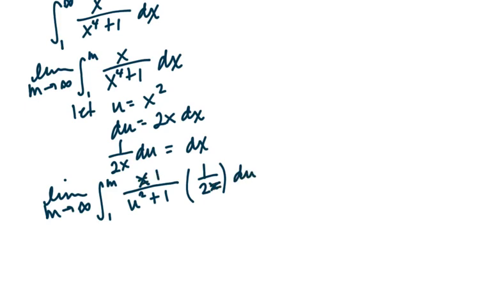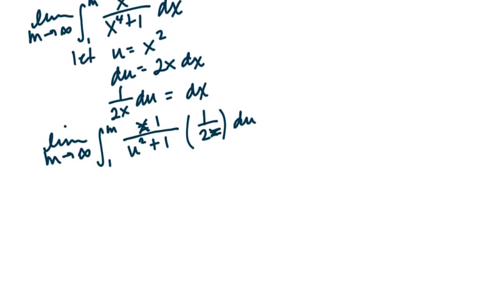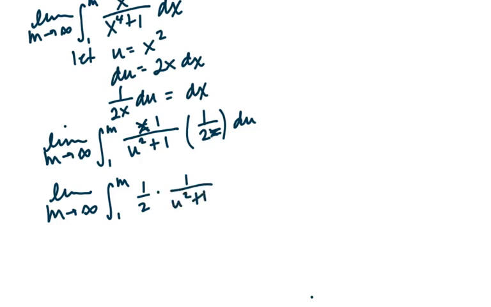So these x values cancel. So we have the limit as m approaches infinity from 1 to m, and now we have 1/2 times 1 over u squared plus 1 du.